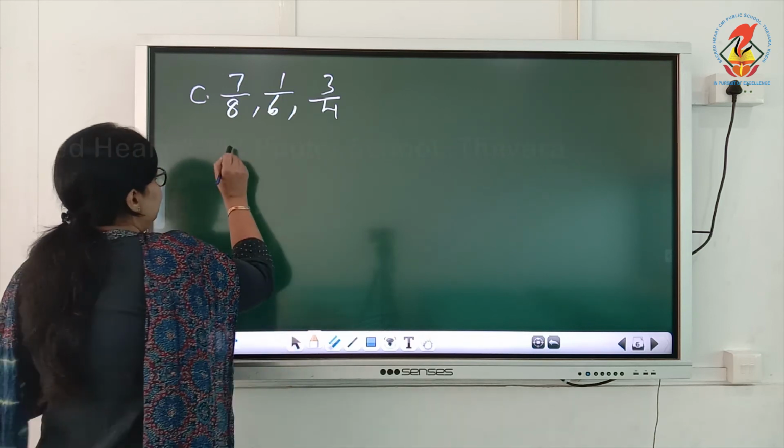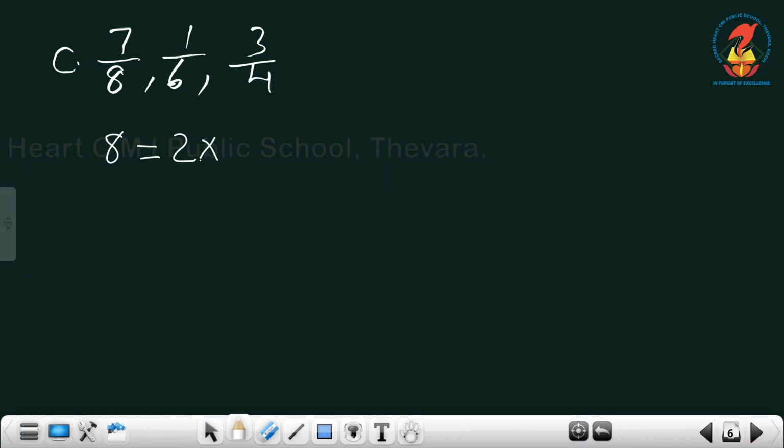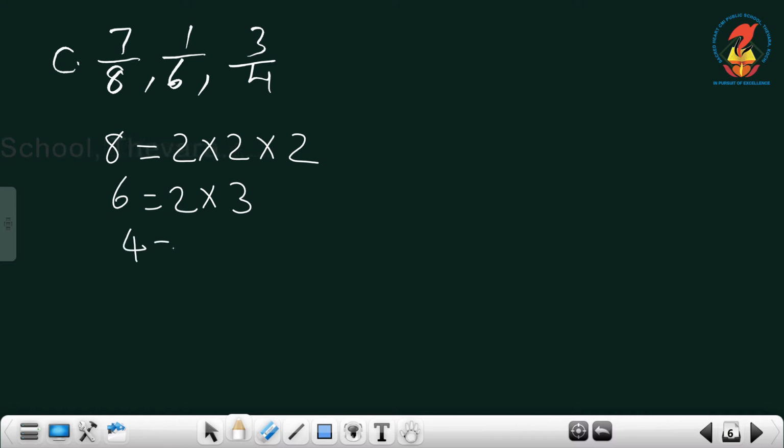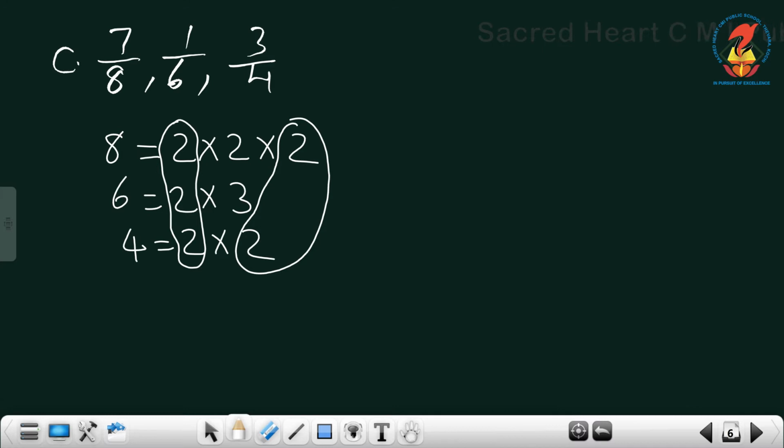And here, the prime factorization of 8 is 2 into 2 into 2, and 6 is 2 into 3, and 4 equals 2 into 2. For the LCM, first we need to make the common 3 into one group. After that we need to take the common 2.